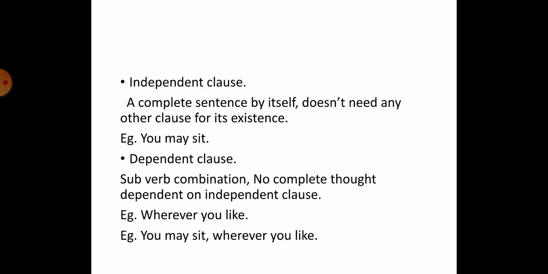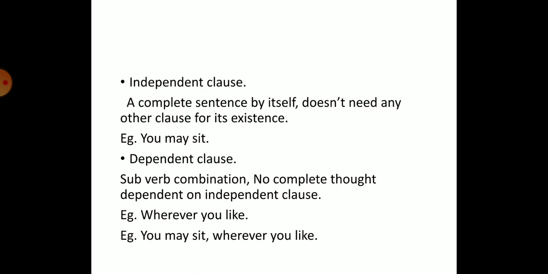Now, let's add a main clause to this clause. You may sit wherever you like. Now, here the entire thought is complete with one independent clause and one dependent clause. This is all about a dependent clause.